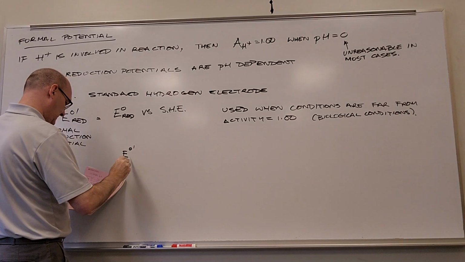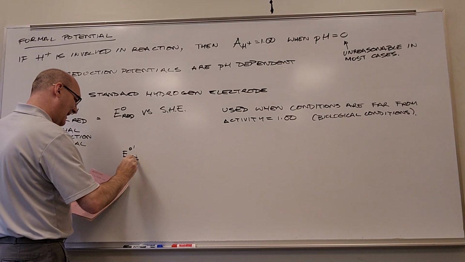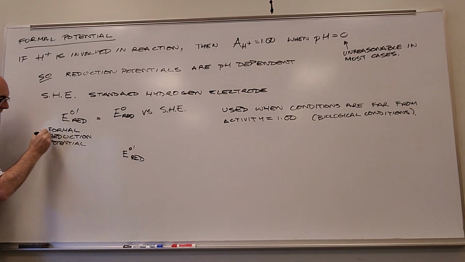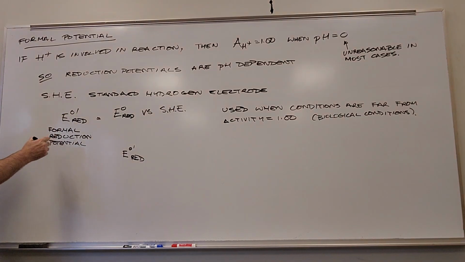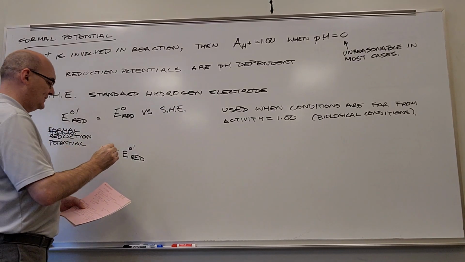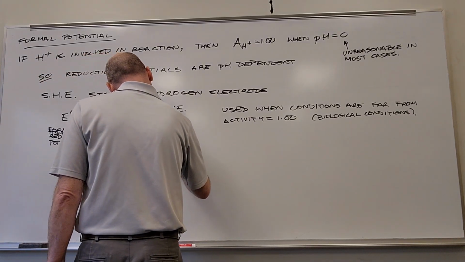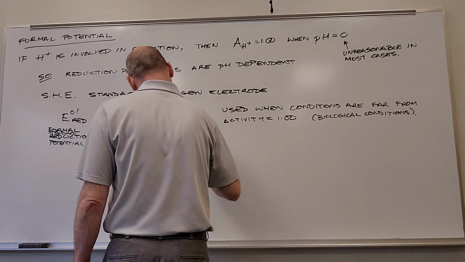So the E, the formal standard reduction potential. Oh, I've missed a standard. I don't know if you have to say formal and standard. Probably, because the standard is in there to tell us conditions. The formal standard reduction potential is the regular standard reduction potential.